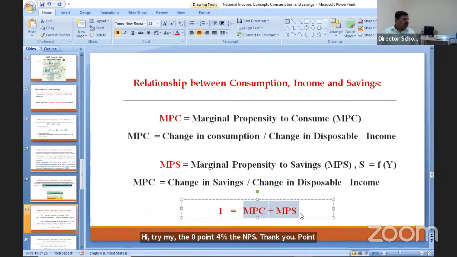Is this? The value of MPC will be 0.6 because the summation of all variables is 1. Is it? Yeah, 0.6. So in this way there is a relationship between consumption, income and savings.